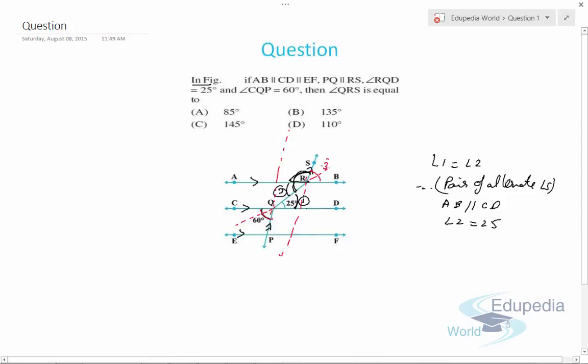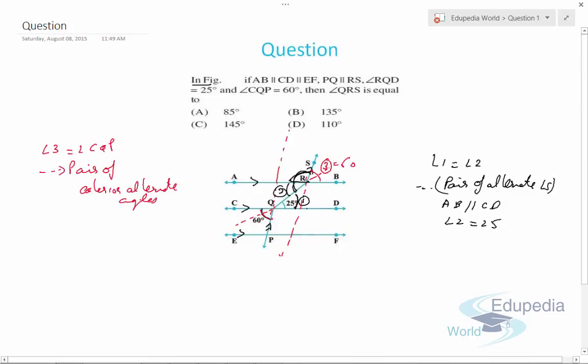We can mark this angle as 3, meaning angle 3 equals angle CQP. They are a pair of exterior alternate angles. So we got angle 3 as 60.